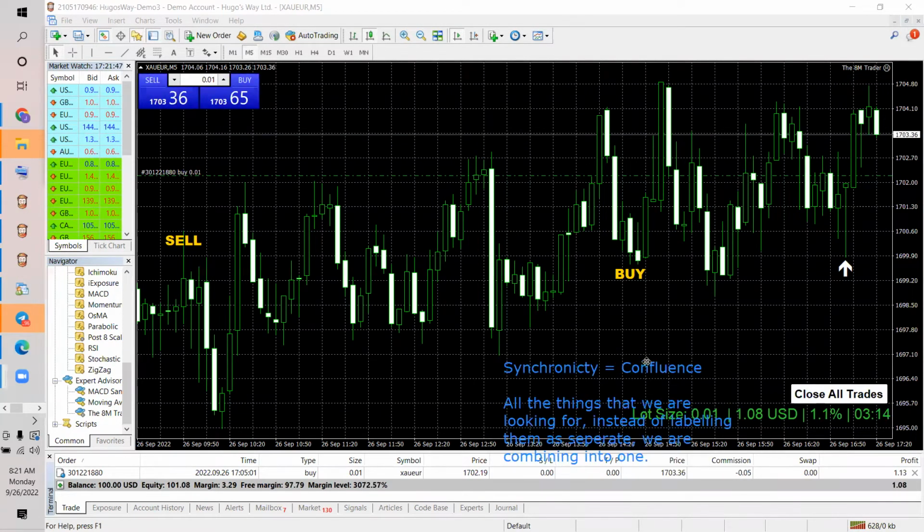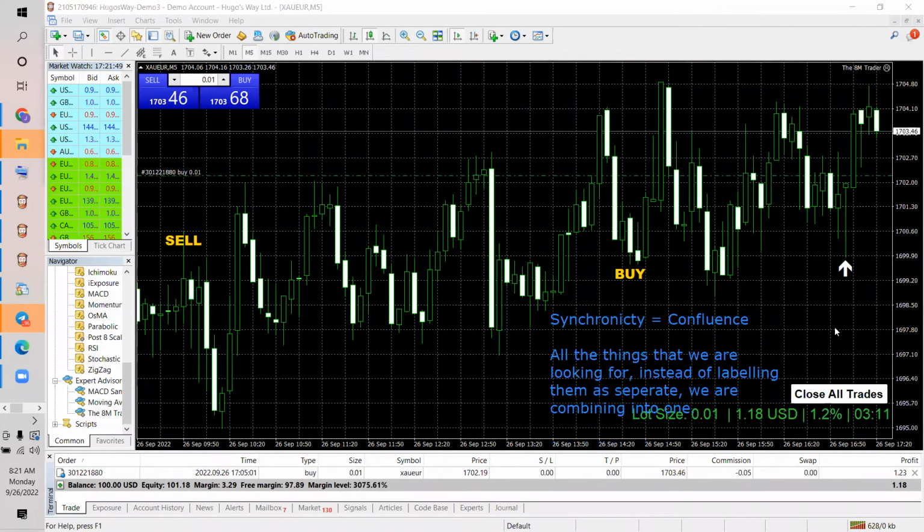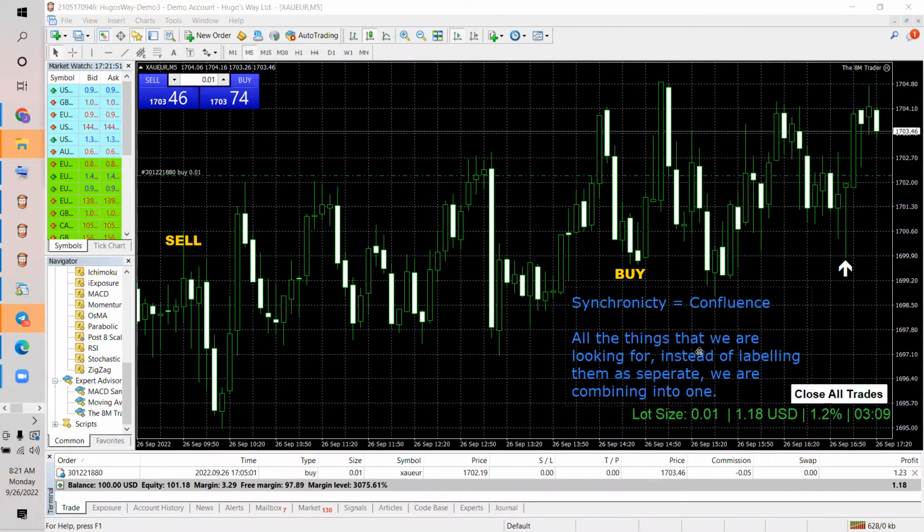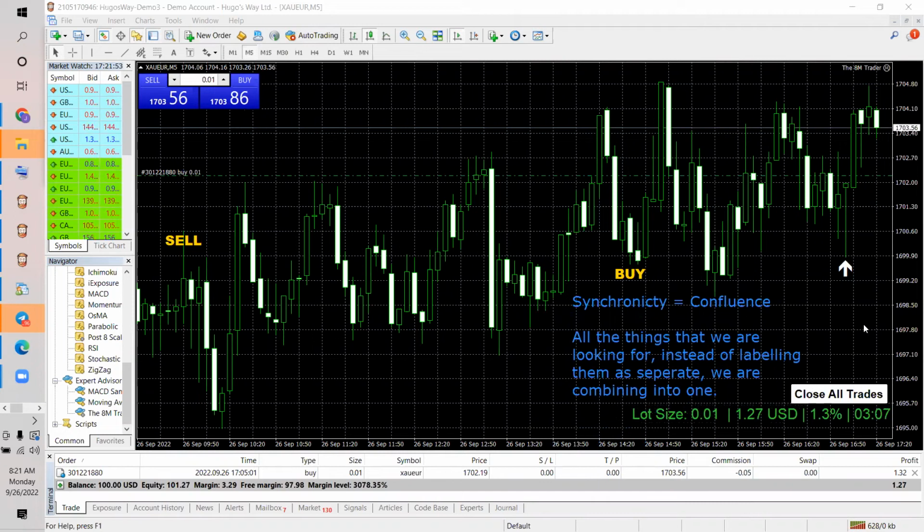And by combining what we're doing into one strategy, this will allow us to make sure that the main things that we want to look out for, the main things that we desire, instead of all these different factors, we're using that to combine it into one particular strategy.